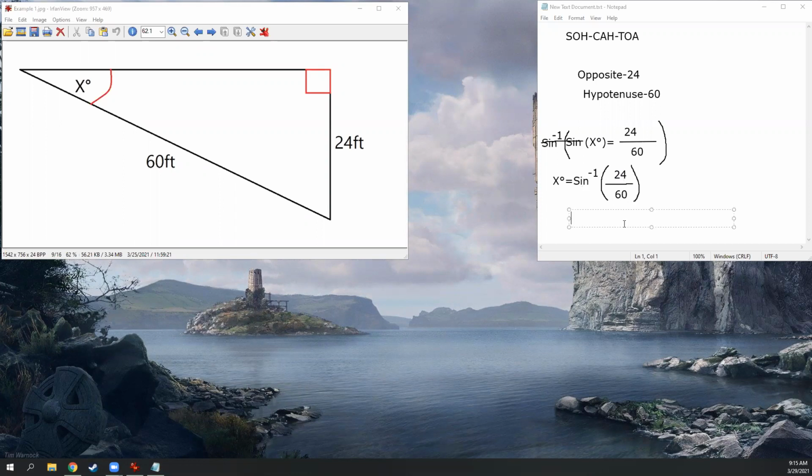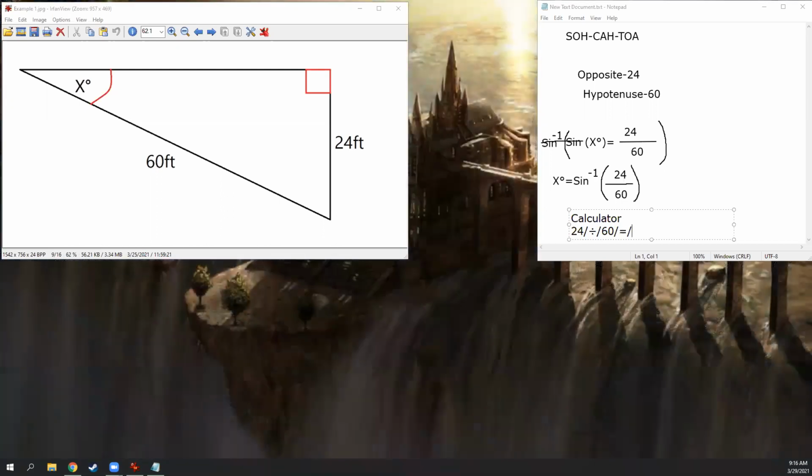Well, you're going to hit 24, then the division sign, then 60, then equals, then second and the trig function.